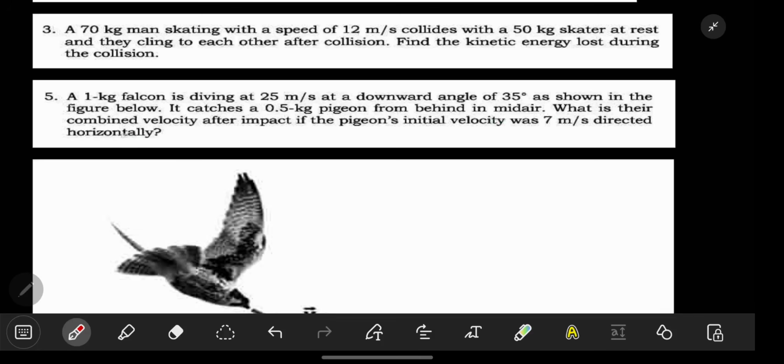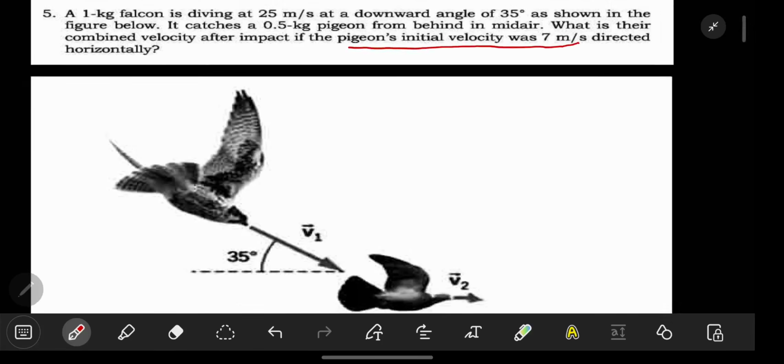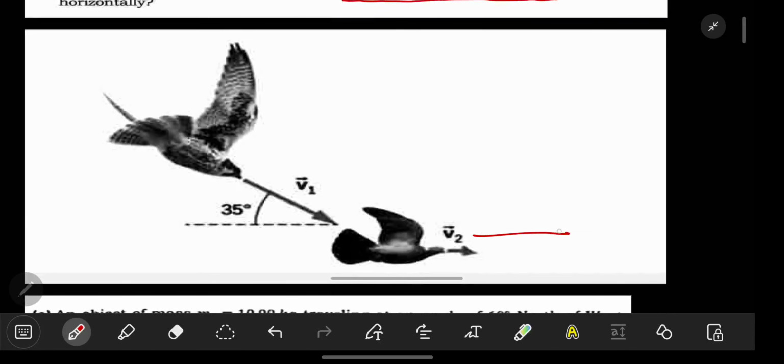What is their combined velocity after impact if the pigeon's initial velocity was 7 meters per second directed horizontally? So the pigeon is moving like that, then the falcon is at an angle. So the pigeon's velocity is purely in the x direction.